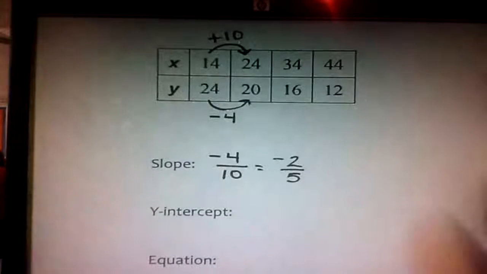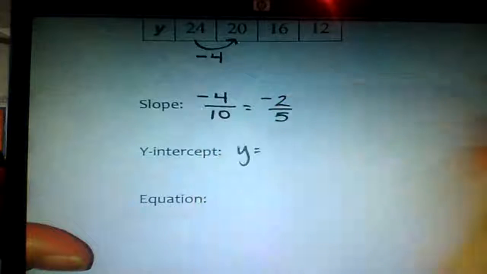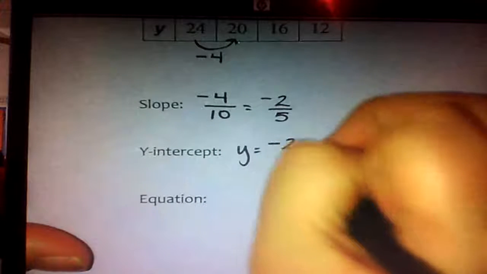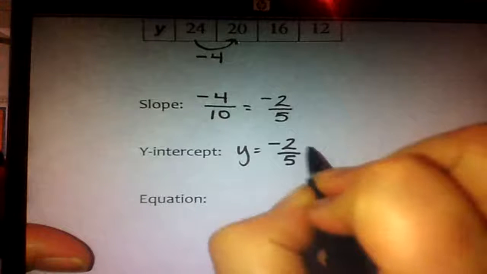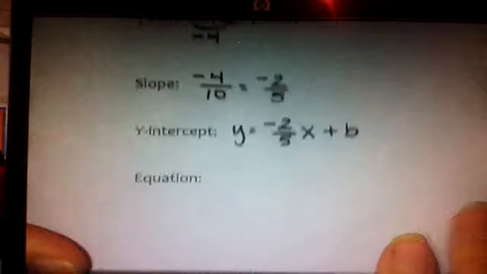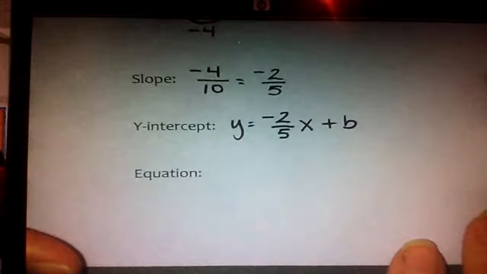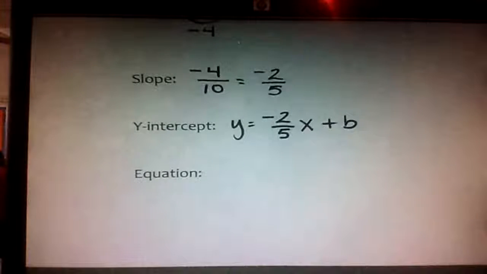So right now, your equation looks like y equals, we know my slope is negative 2/5, x plus b. Remember, my y-intercept is b. I don't know what that is. Okay, but I can find it.